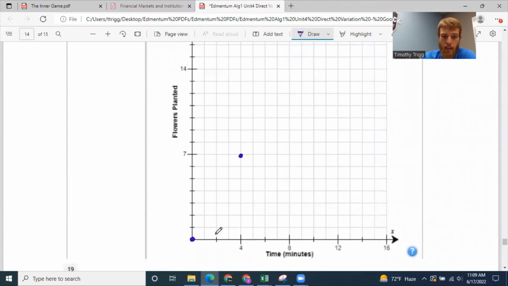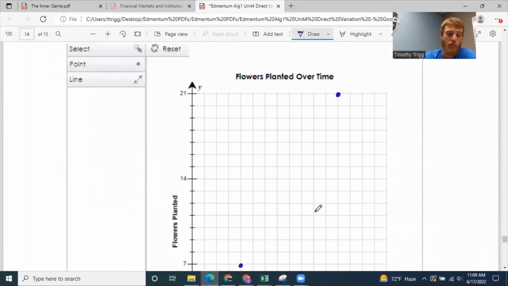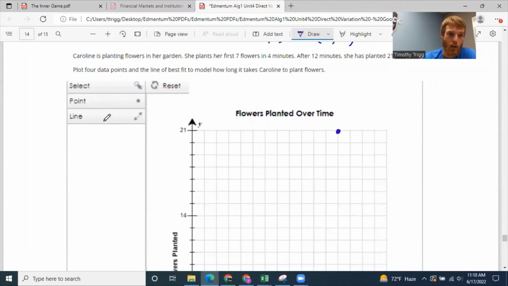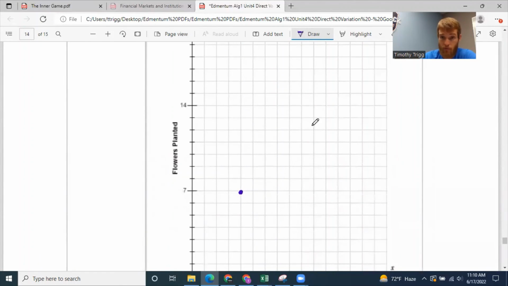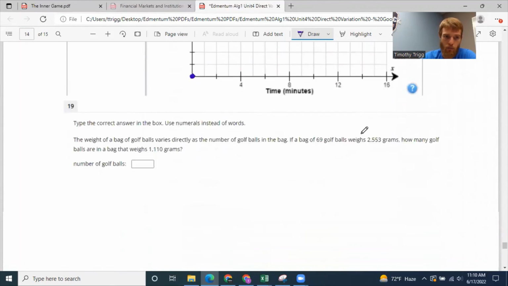Like, how long would it take? If it takes 4 minutes to plant 7 flowers, how many flowers can I plant in 8 minutes? Okay, and then keep in mind that the points should all line up, and then create the line. The line should connect all 4 points. So you need to create a fourth point and then also create the line connecting all 4 of those points.